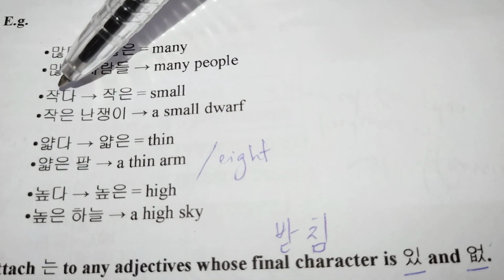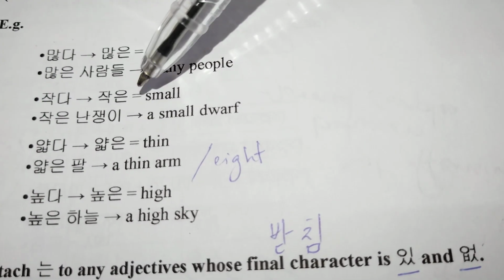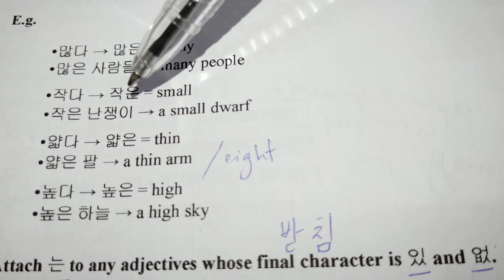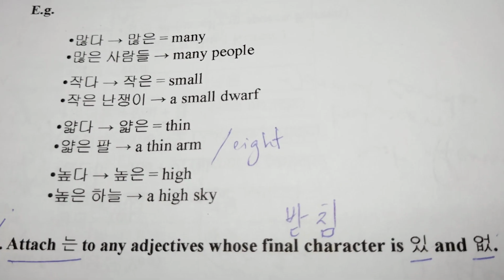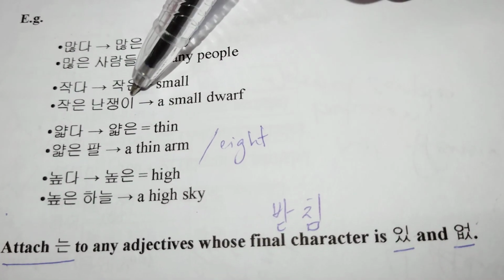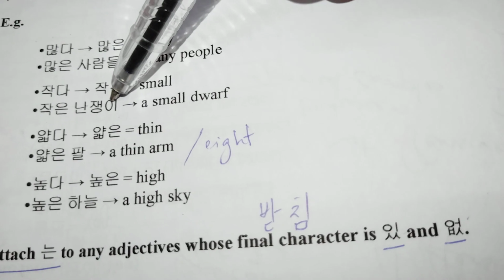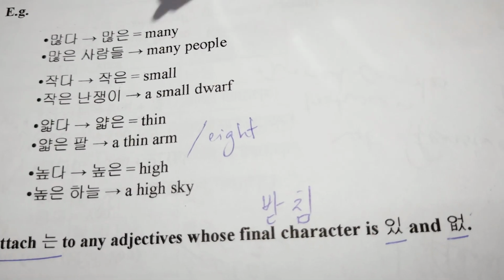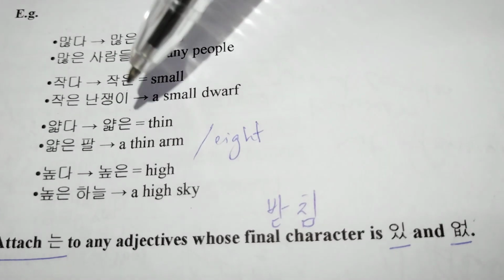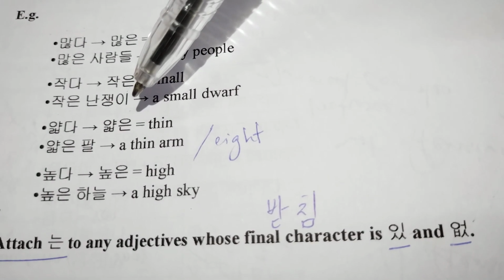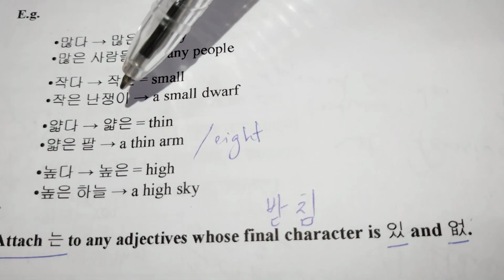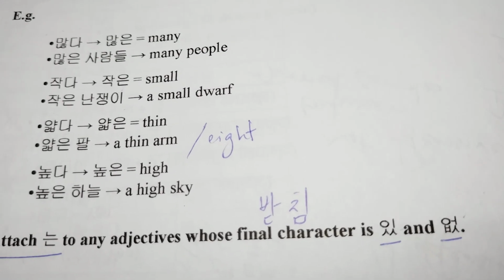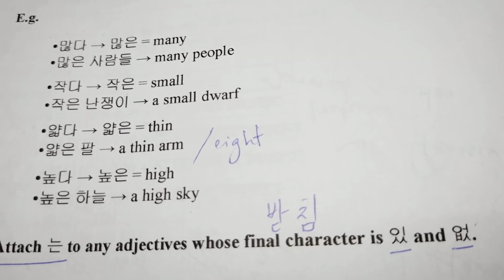The next, chakta would become jagan. Jagan Nanjengi. Nanjengi means dwarf. And the E here, listen, is not a particle, it is a part of the word. The next one, Yarpta, would change to Yarbin. Yarbin Pi. Pi can mean two things, as we have learned numbers already.